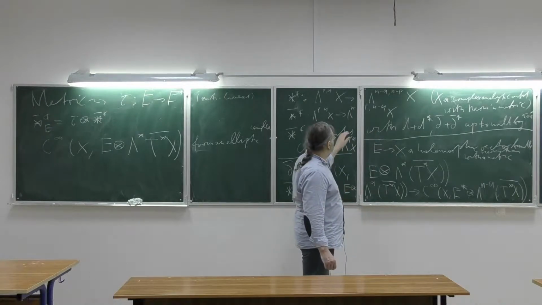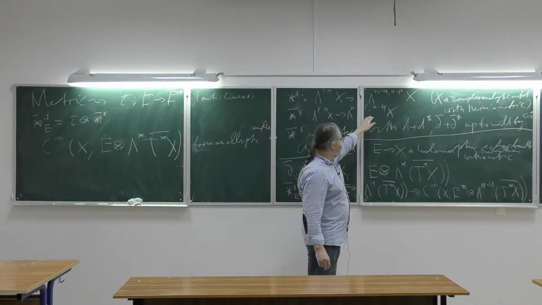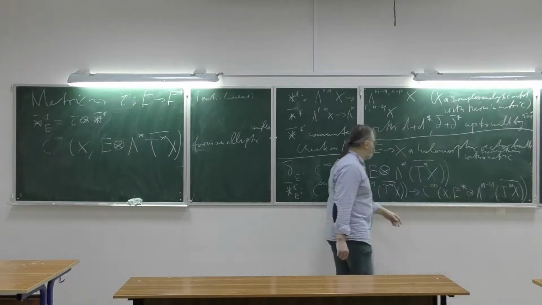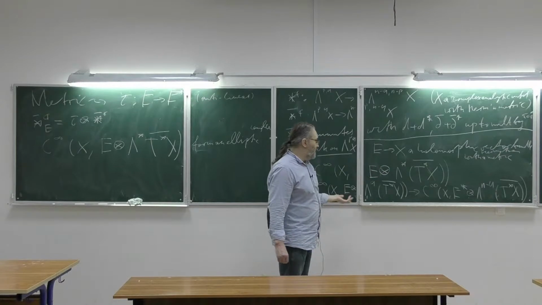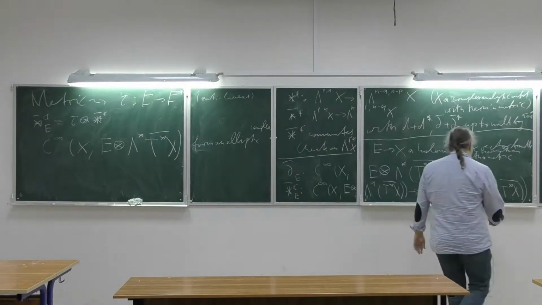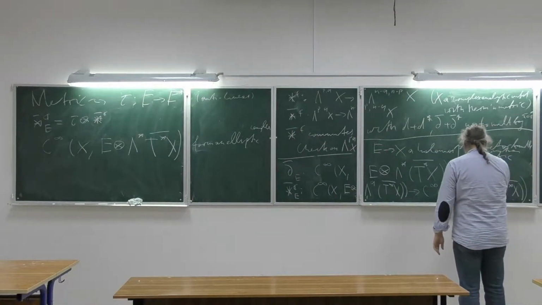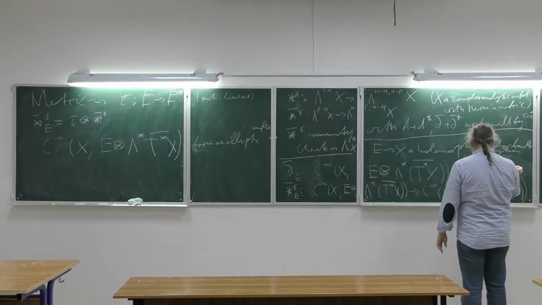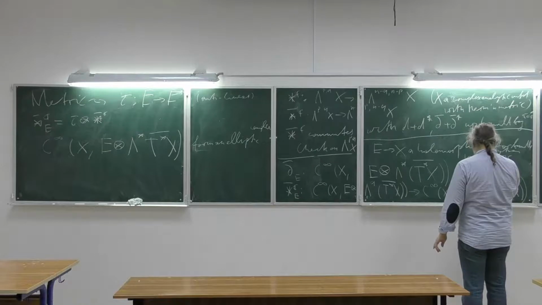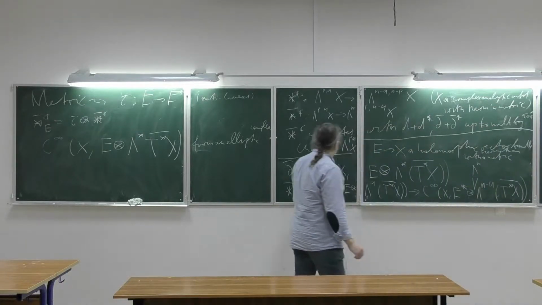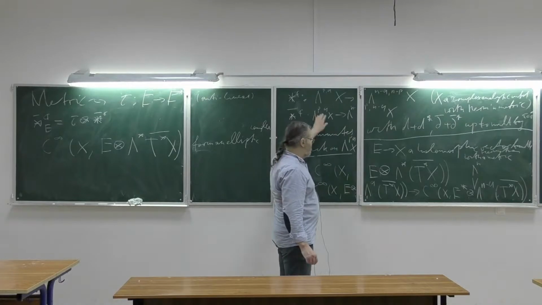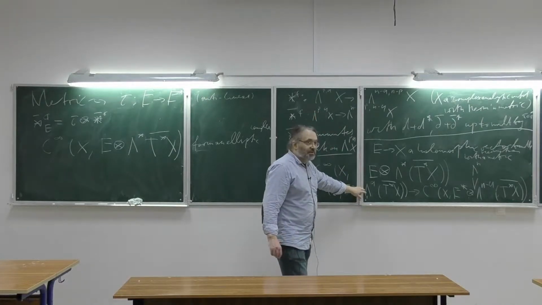And well, N minus Q, we have it. But N minus P is missing. Okay, let me reinstate it. Lambda n. Why? Well, because in this particular case P is 0.